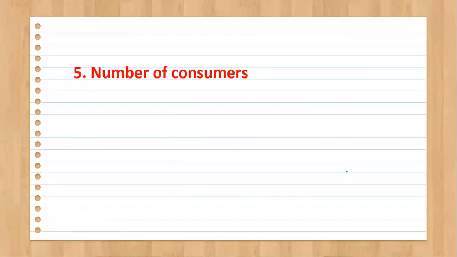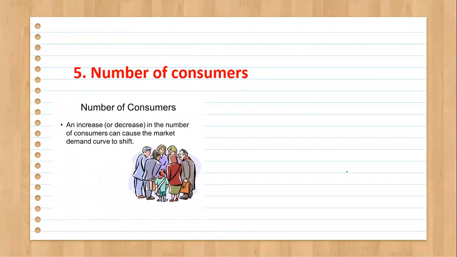Next is your number of consumers. When the number of consumers increases in the market, then your demand curve also increases because more people tend to purchase the same commodity.